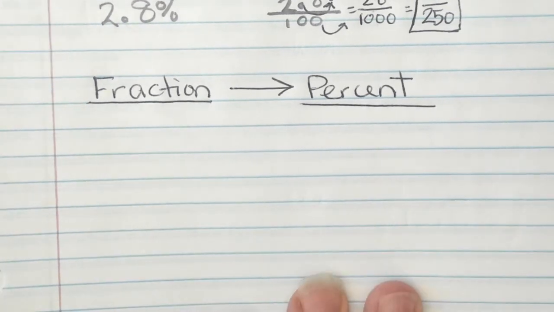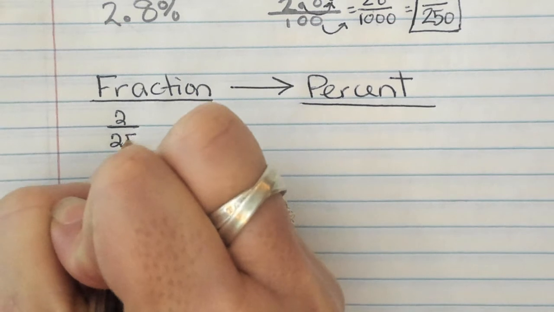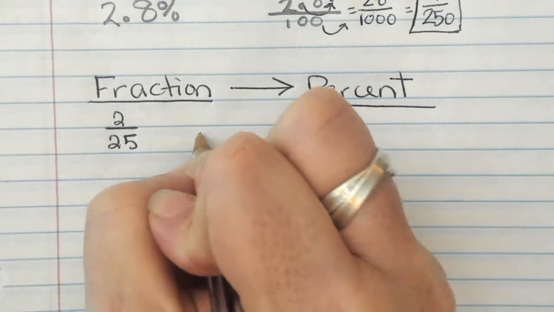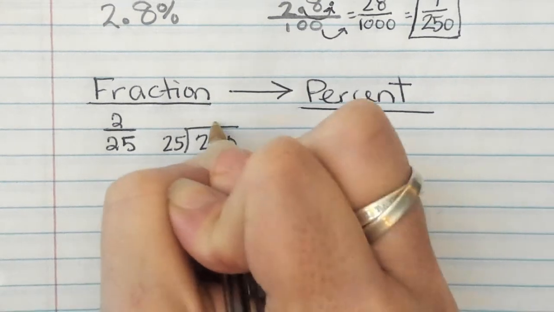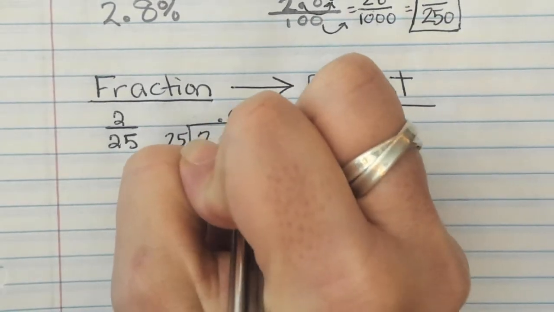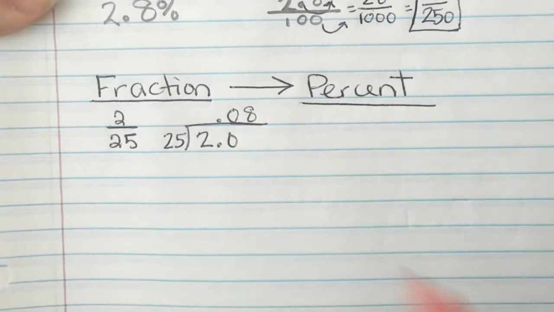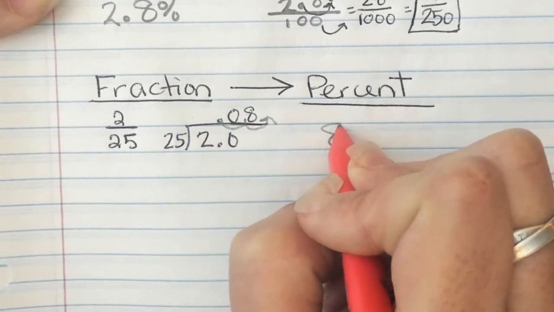So, if you have a fraction like 2/25, that means in my calculator I'm doing 2 divided by 25. We talked about adding the decimal and the 0. Some of y'all aren't taking notes, and then you're going to be wishing you did in a little bit. Okay, 0.08 is what I got. Now, that is the decimal. To get the percent, I've got to bounce it twice to the right. So, it ends up being 8%.